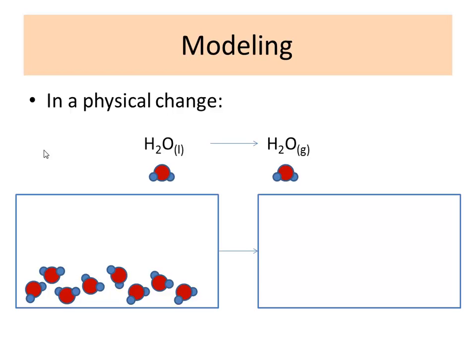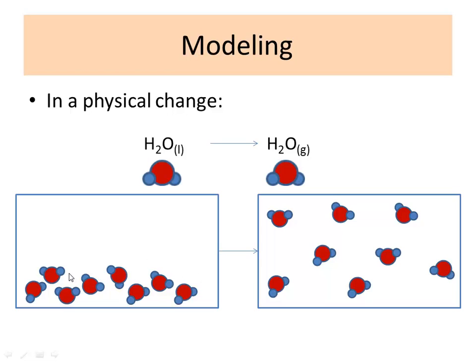In a physical change, the key thing is we start off with water here, and we end up with the same water particles, going from a liquid to a gas. You see, we have H2O. We start with that, and we end with H2O. We just move around the particles themselves.